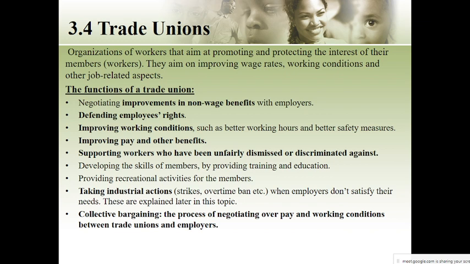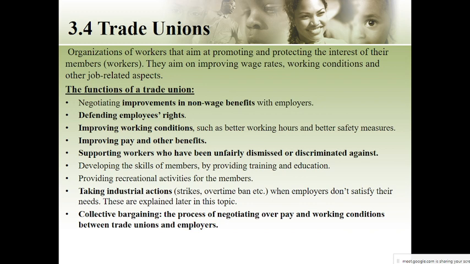Why? Because at that particular age, a child needs to get an education, they must go to school rather than go for some kind of labor work. The next is improving pay and other benefits. Again, supporting workers who have been unfairly dismissed or discriminated against.